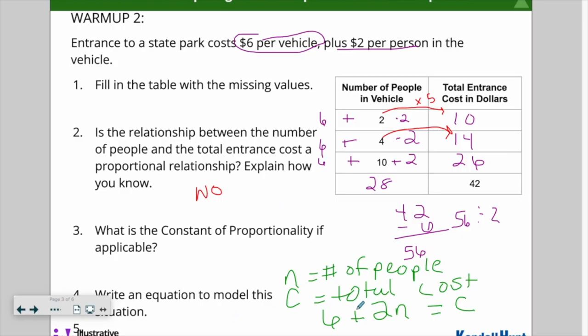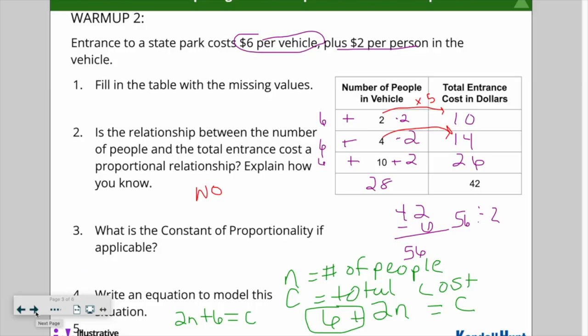Looking at the equations, what does this equation have in it that none of our equations we've worked with have so far? It has this added amount, and we could write that equation as 2n plus 6 equals c as well.